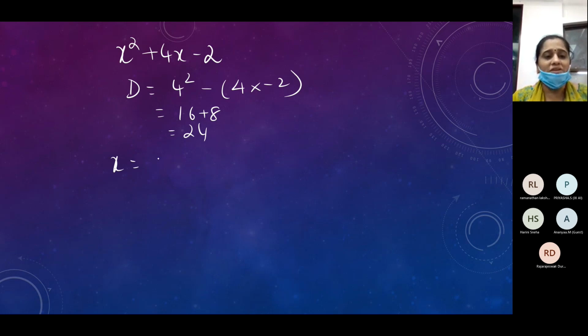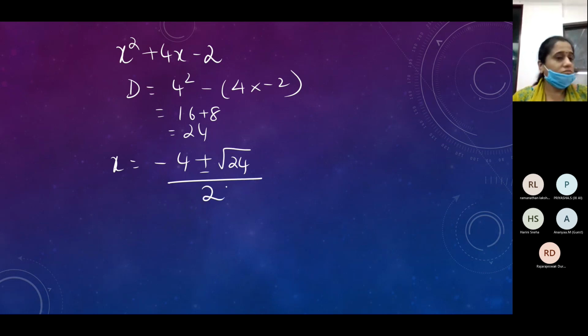So x is equal to minus b, minus 4 plus or minus root 24 by 2. x is equal to minus 4 plus or minus square root of 24, which is 2 root 6.